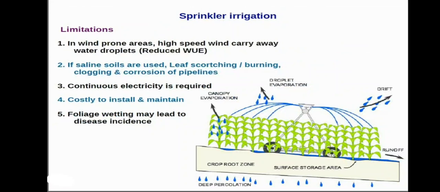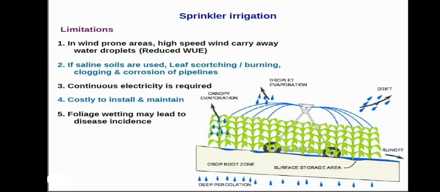In wind-prone areas, there are high limitations. High-speed wind carries away the water and reduces water use efficiency. This is the main disadvantage of sprinkler irrigation. If saline water is used, leaf scorching, burning, clogging and corrosion of pipelines are seen. Continuous electricity is required.